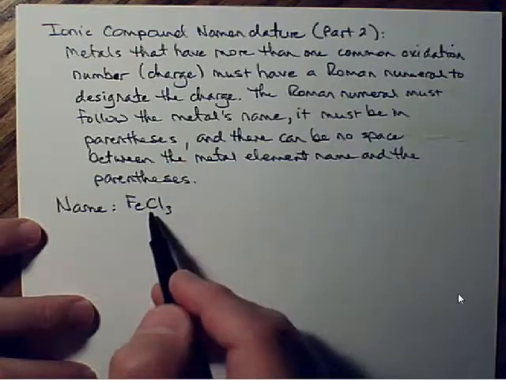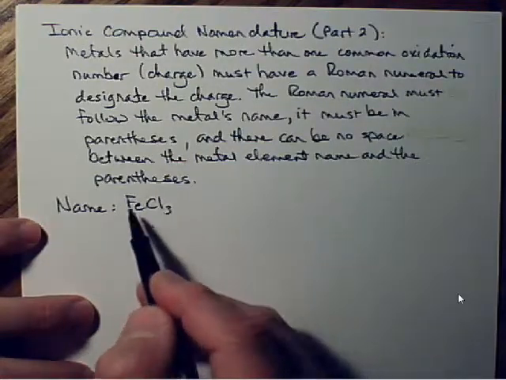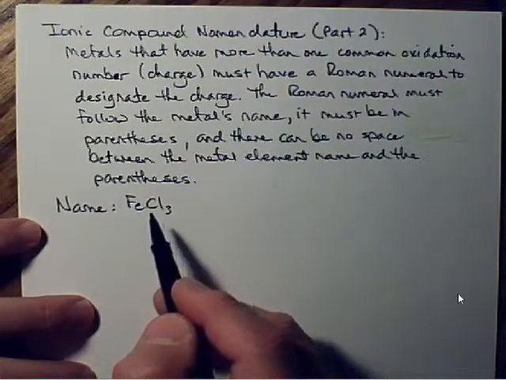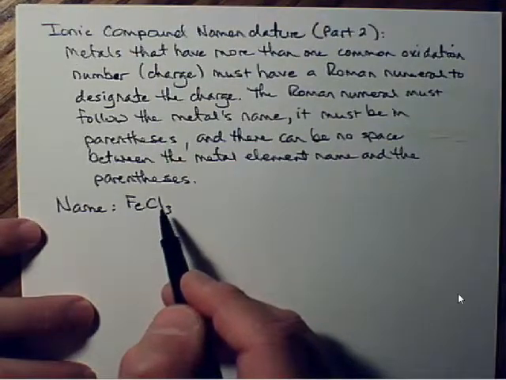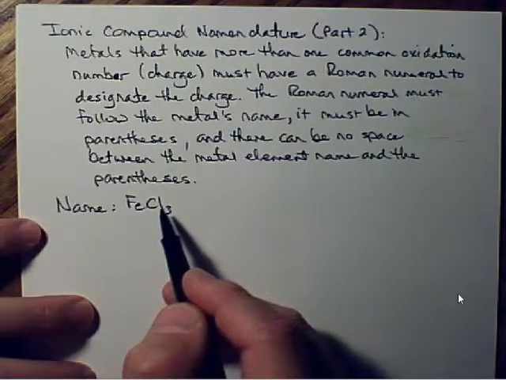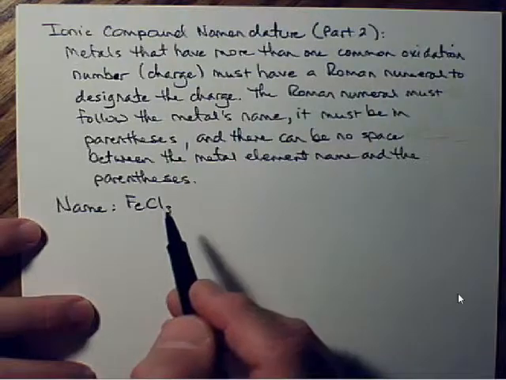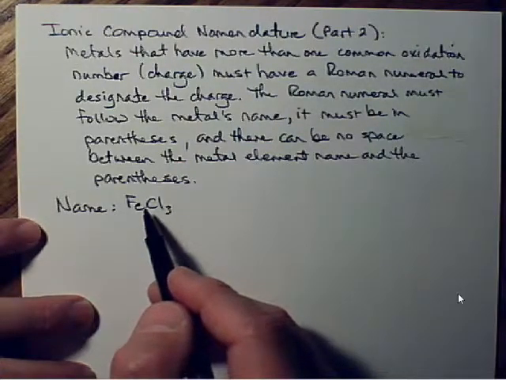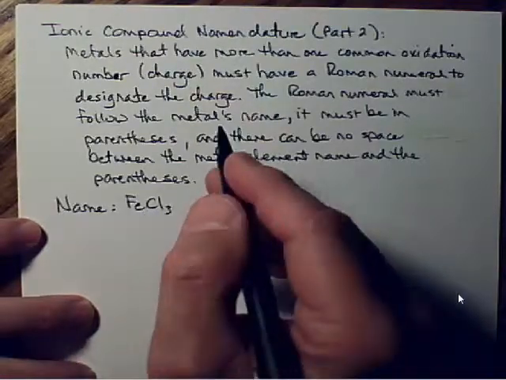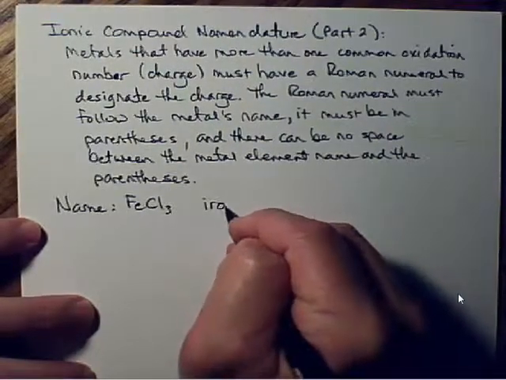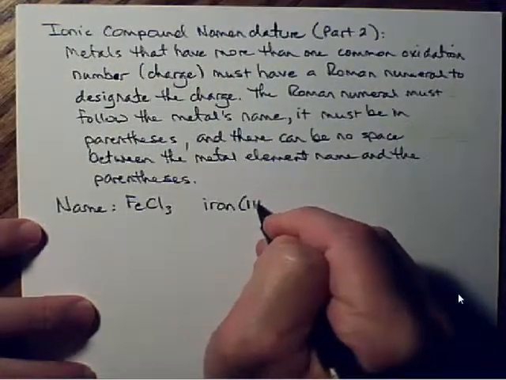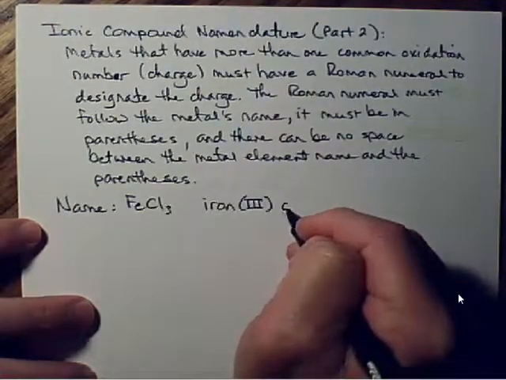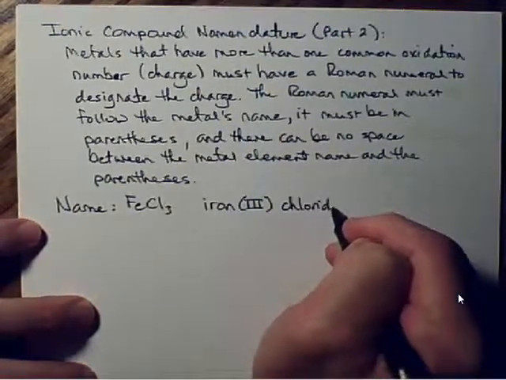Okay? And so when we have more than one oxidation number or charge number for that metal, we've got to name it with a Roman numeral. Roman numeral is in parentheses. The parentheses must not be spaced after. There's no space between the name of the element, the metal element, and the parentheses. Okay, so it's iron(III) chloride.